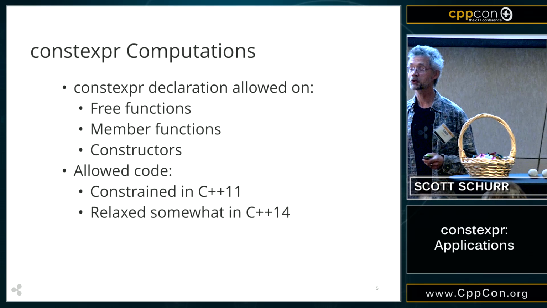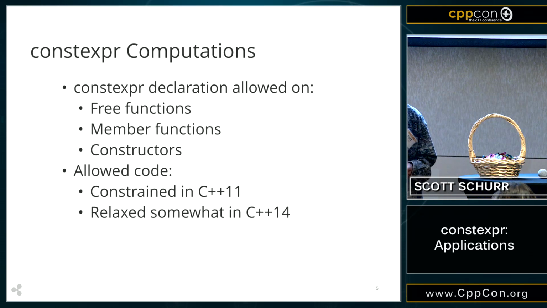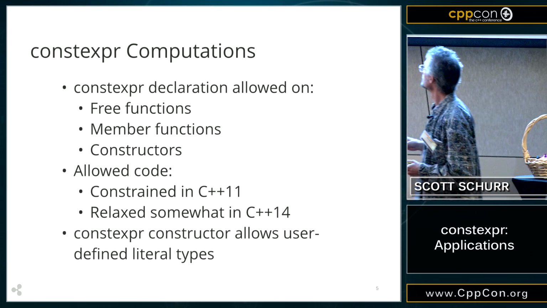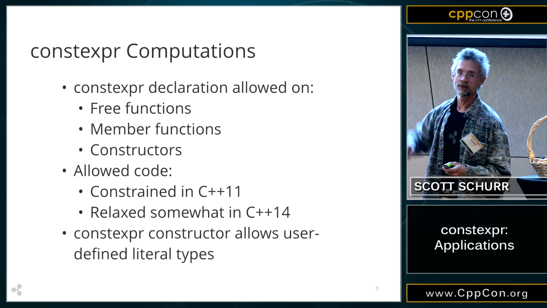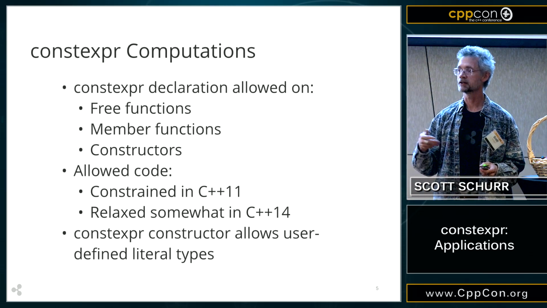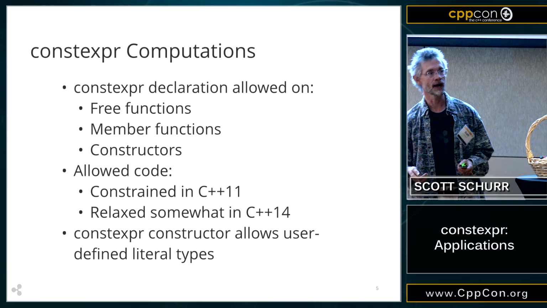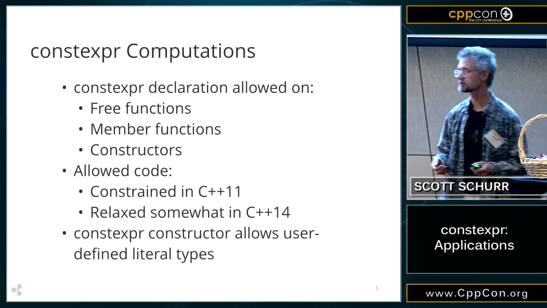It's extraordinarily constrained in C++11, and the rules get relaxed a fair amount in C++14. And because we allow constexpr constructors, that allows you to define a literal type, an object that can be known at compile time by your compiler.